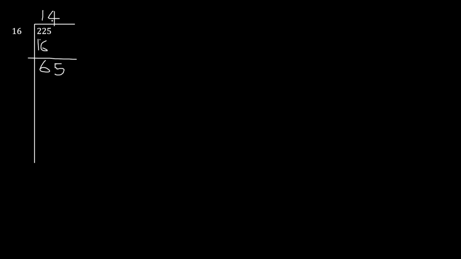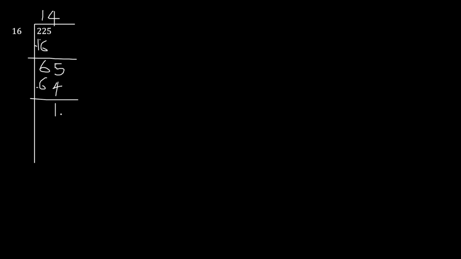So I multiply 4 by 16. Don't multiply 40 by 16. No. We are dealing with this digit by digit. So this is going to be 64. So then you subtract again. We are left with 1. So that is the only digit that we are left with.